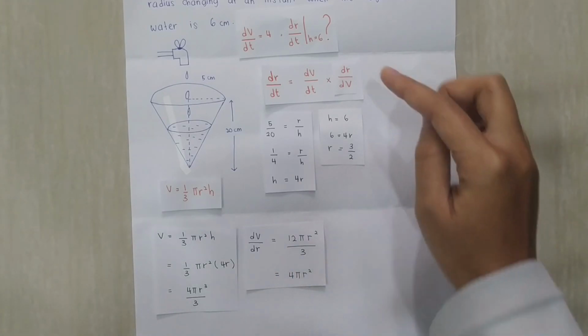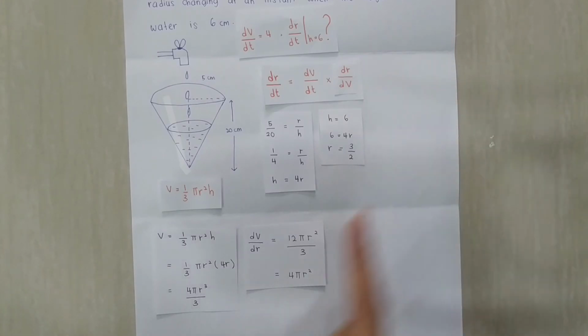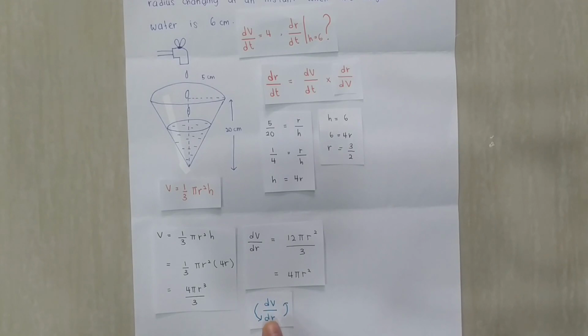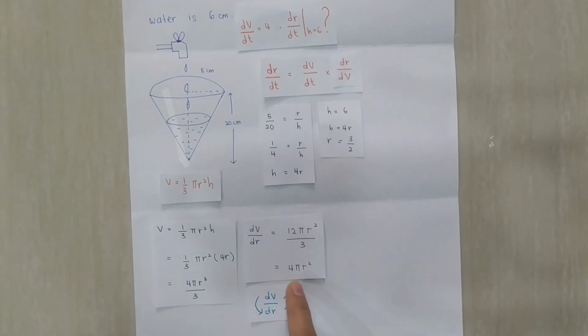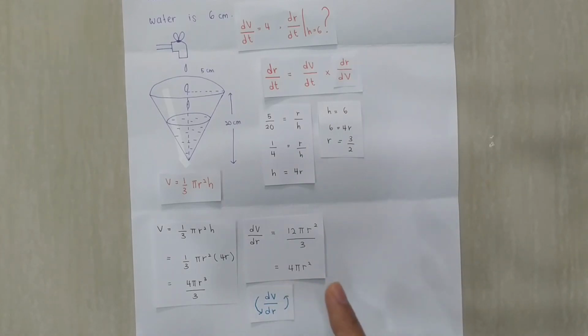In the formula, we want dr over dV, but we have dV over dr. So you can just flip it around like this. dV over dr is 4 pi r squared over 1, so dr over dV would be 1 over 4 pi r squared.